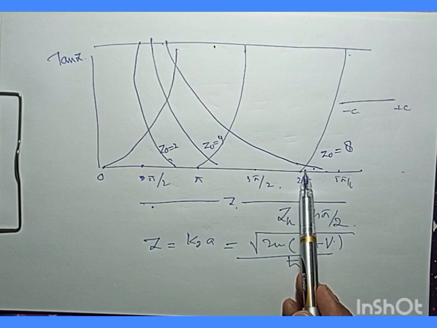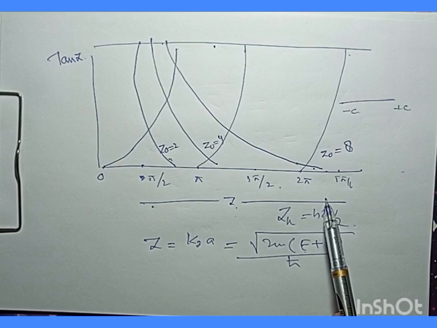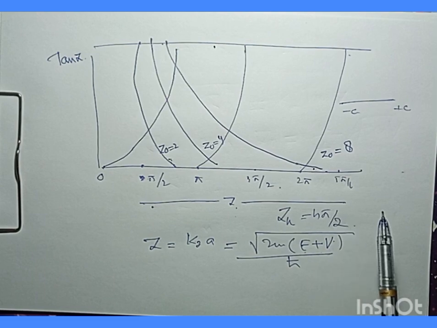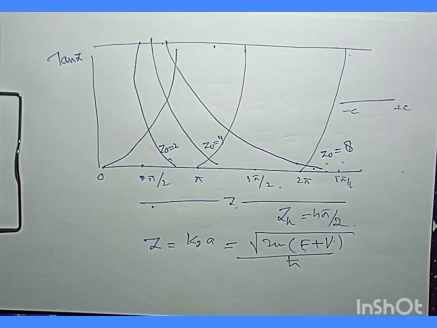So this square well potential should exactly behave as a particle in a box, which has infinite potential at its edges, for z naught tending to infinity. So we can look for it.